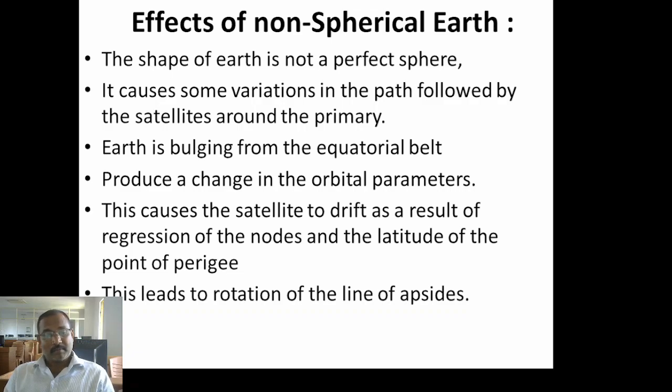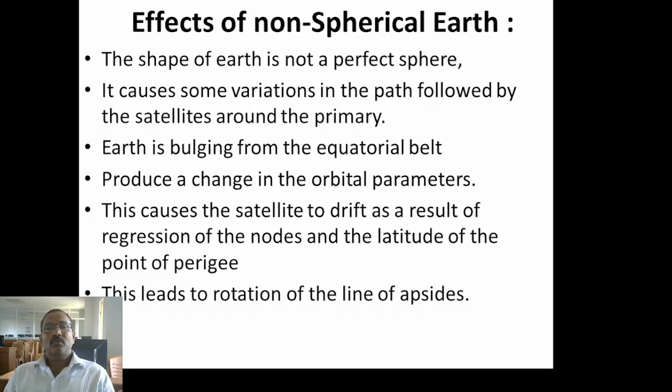The Earth is bulging at the equatorial belt, and you have to keep in mind that an orbit is not a physical entity. The forces resulting from an oblate Earth act on the satellite and produce a change in orbital parameters.